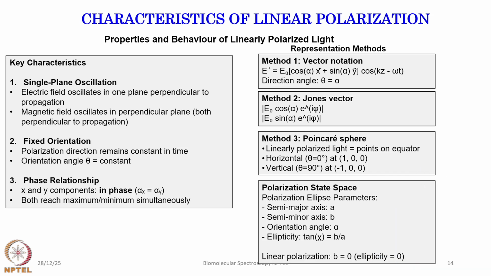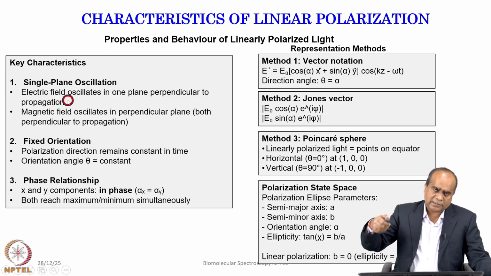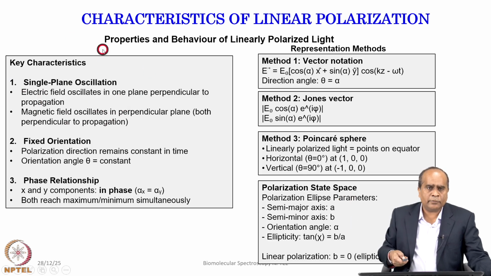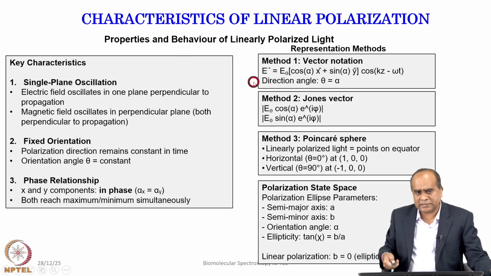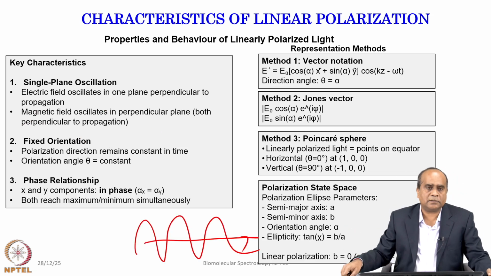Now, what are the characteristics of this linearly polarized light that we prepared by all these methods? The key characteristic is single plane oscillation, since it is linearly polarized light. The electric field oscillates in one plane and it propagates in the z direction. The magnetic field oscillates perpendicular to it, both perpendicular to the propagation. The orientation angle is constant, it is propagating with theta equal to constant.